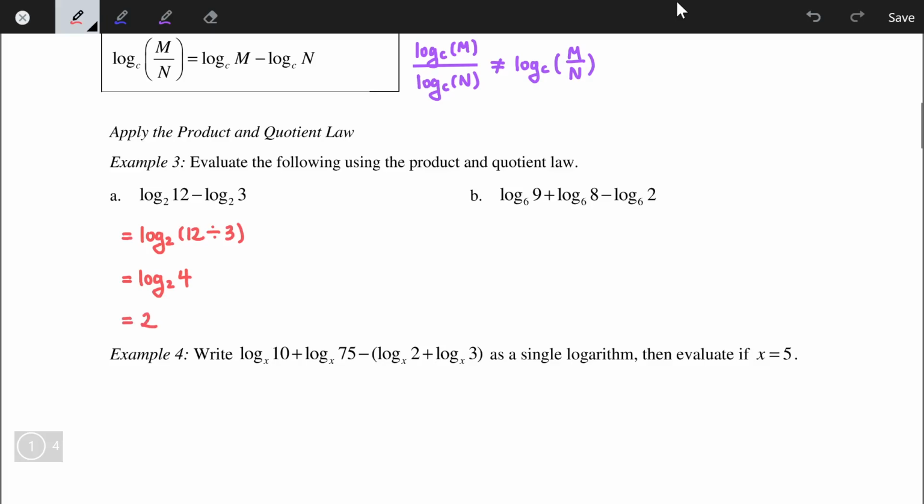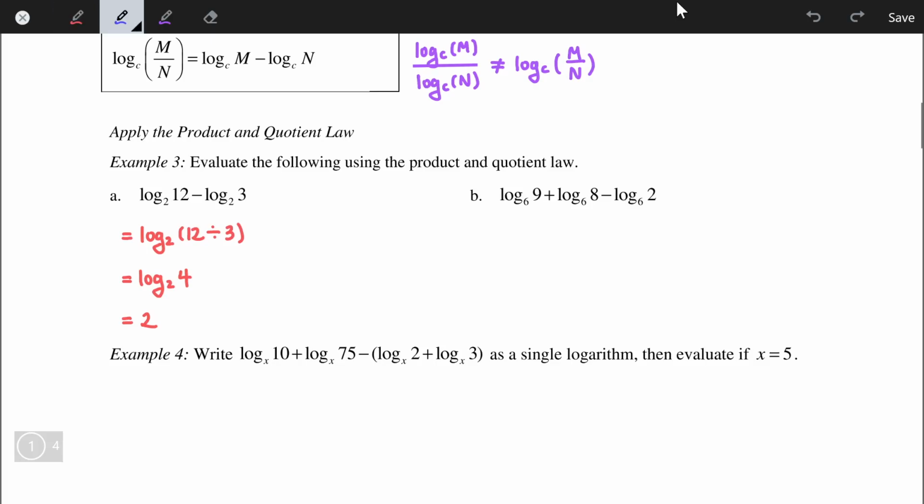And the idea here is that neither 12 nor 3 are powers of 2, so we have to simplify and rewrite into a single logarithm in order to evaluate without using a calculator.